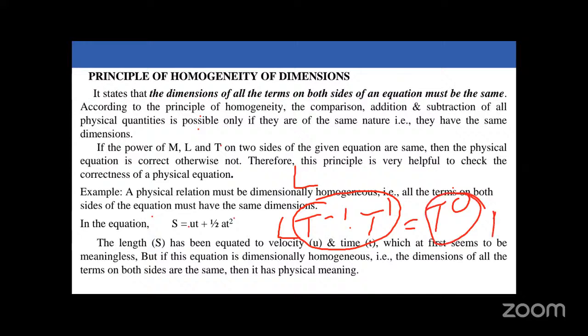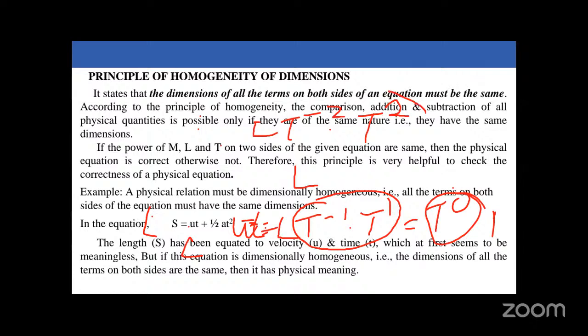So UT will give us L as a dimension. Remember, for S we have L, for UT we have L. Now, what of half AT squared? A is L T minus 2, that is meter per second squared. Then T squared, which means the time is raised to 2.